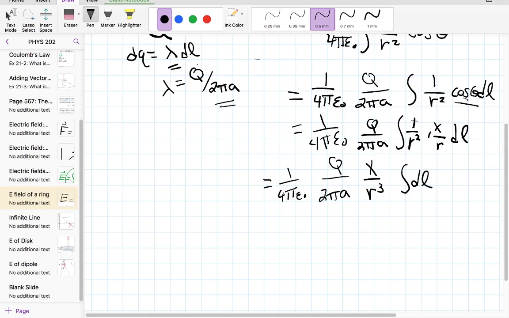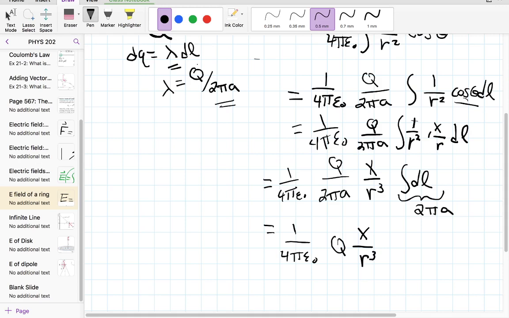The integral of dl is just the length of that loop, or the circumference of that loop, which is just 2 pi a, which cancels that 2 pi a. So what we have is 1 over 4 pi epsilon naught q times x over r cubed.